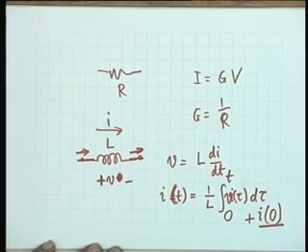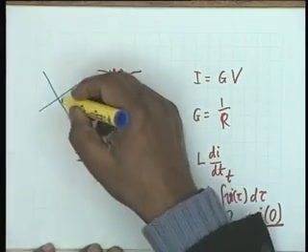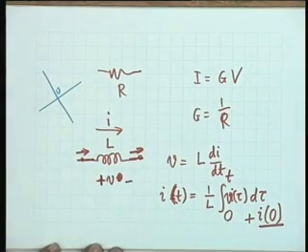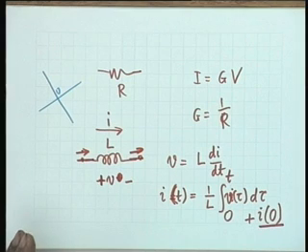Now in this, 0 has to be qualified. Is it 0 minus or 0 plus? 0 minus is before the excitation is applied, and 0 plus is after the excitation is applied.